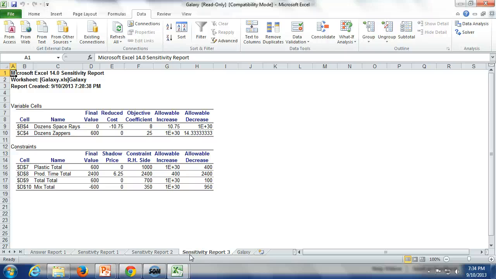You know, he mentioned, what if I change two things? Well, bets are off. What if it goes beyond the range of feasibility? Well, you pretty much have to resolve. But because we have it in something like Excel, it's very easy to change the values and do some what-if analysis.